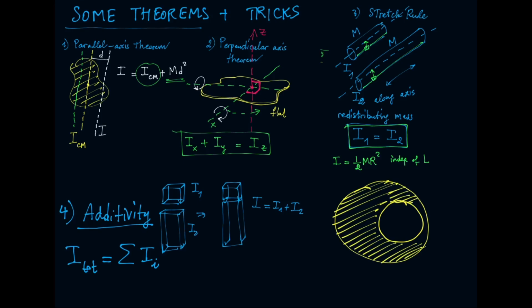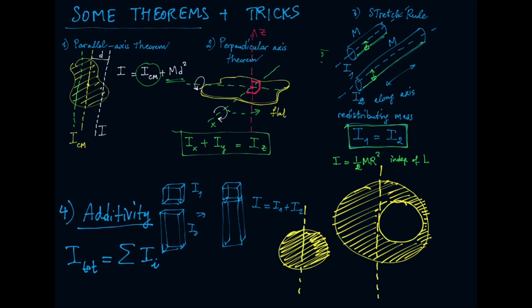Imagining having to do an integral for this, it's a bit of a nightmare, right? Or at least it is for me. But what I can do is, well, I know the moment of inertia of the big disk. Let's say that I've zoomed out. So this is the big one.